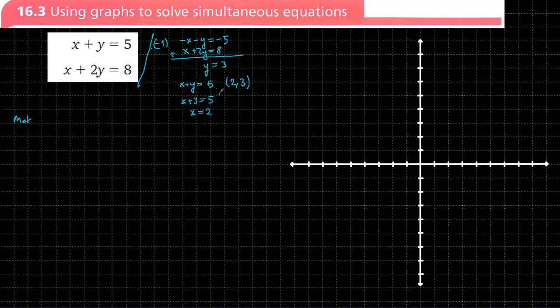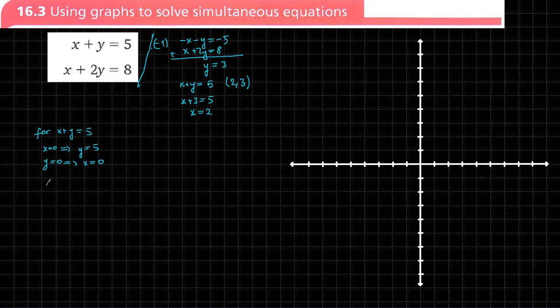So I'm going to try to find this value on the graph also. Let's see how to draw the graph from the previous lesson. Let's remember, we were finding the y-intercept when x is equal to 0. So for x plus y is equal to 5, x is equal to 0 means y is equal to 5, and y is equal to 0 means x is equal to 5, because we are replacing by 0, and 0 plus 5 is equal to 5.